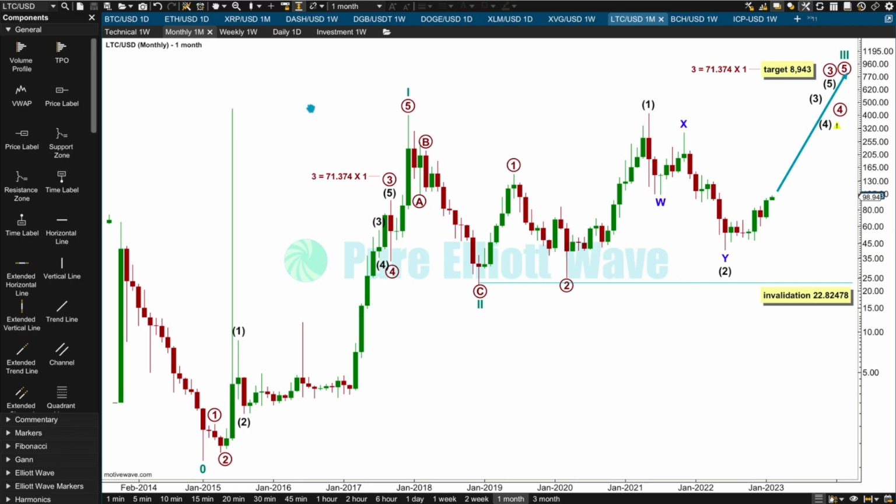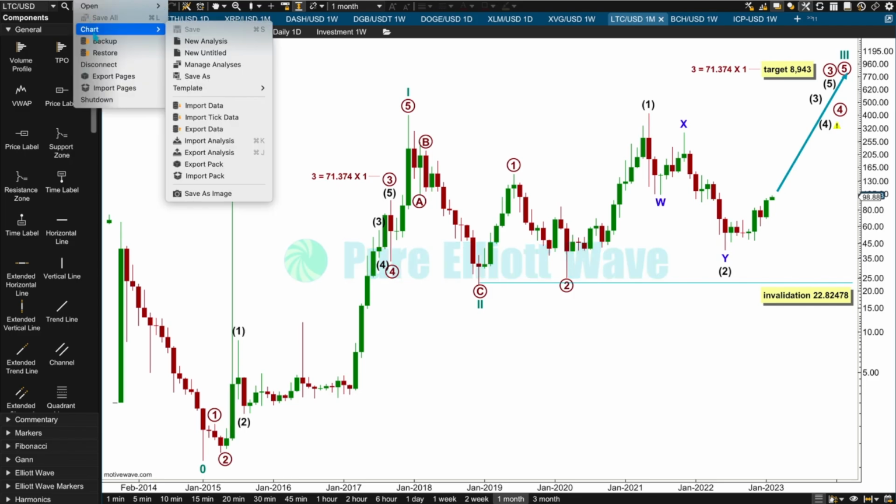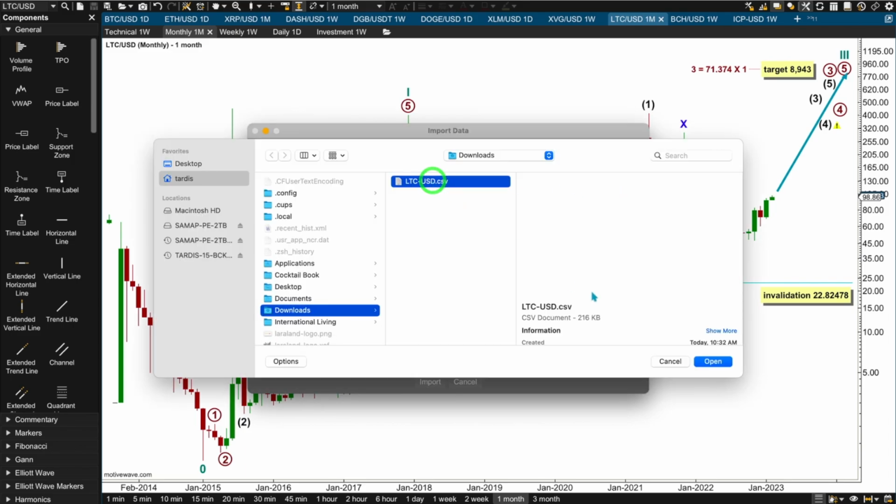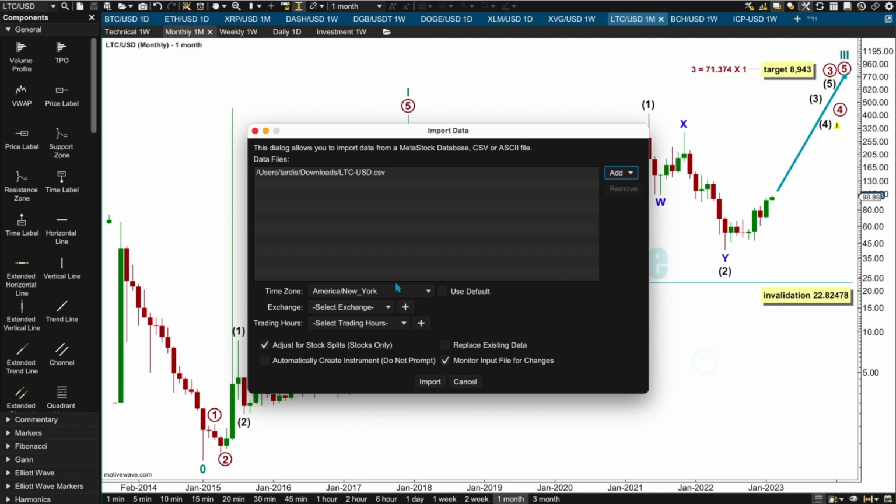So I have downloaded Litecoin data from Yahoo Finance. I know Yahoo Finance has really good, clean data, but I'm suspicious that CryptoCompare's data isn't always clean. So what I'm going to do is File, Chart, Import Data, find that file I've downloaded, should be in my downloads folder, there it is. Uncheck these and check replace existing data. Fingers crossed this works.